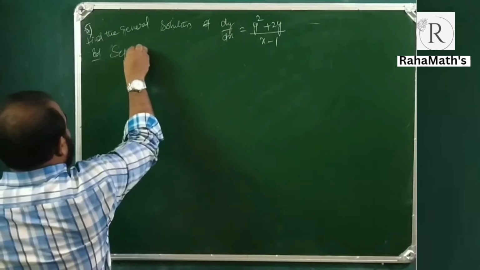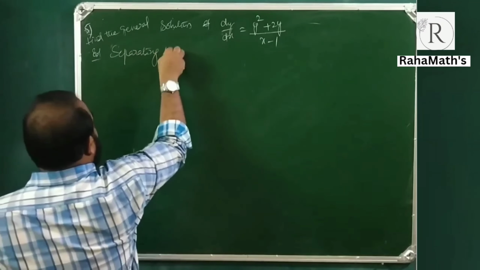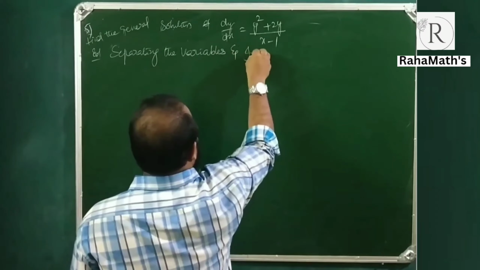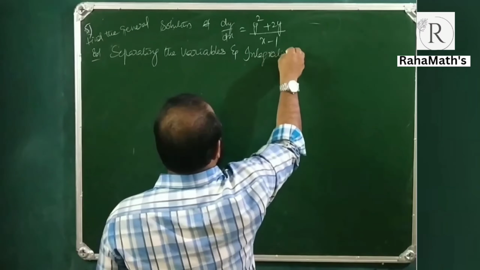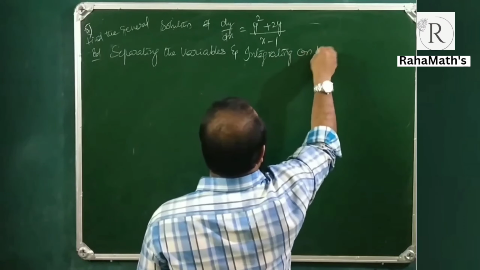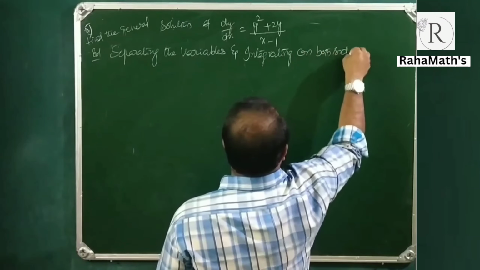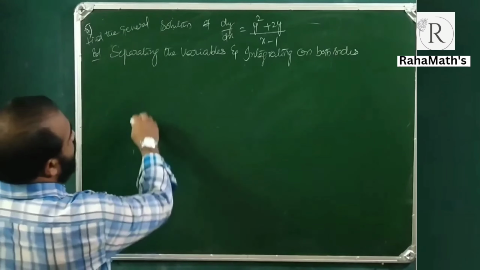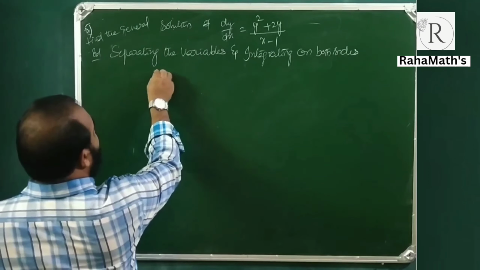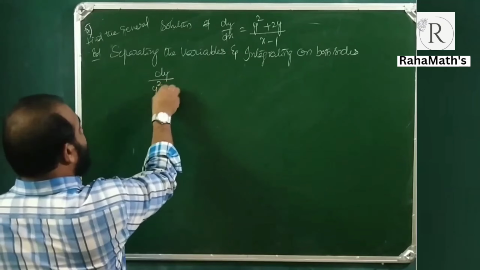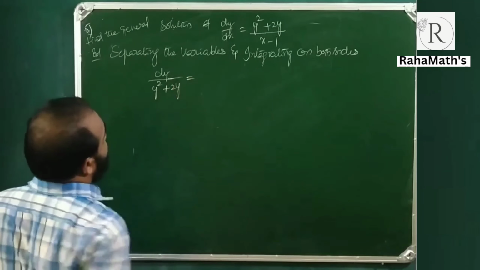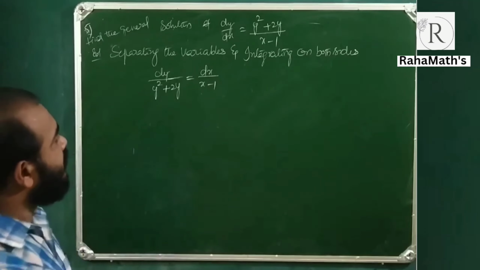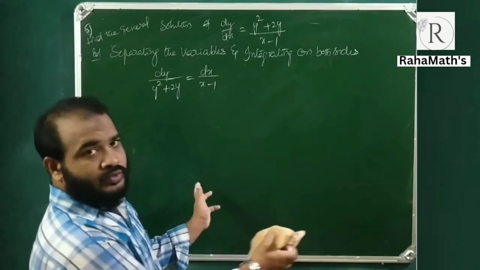Separating the variables and integrating on both sides, we'll get dy by (y² + 2y) is equal to dx by (x − 1). I have just transposed the dx onto the other side.